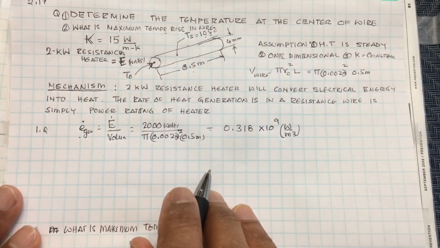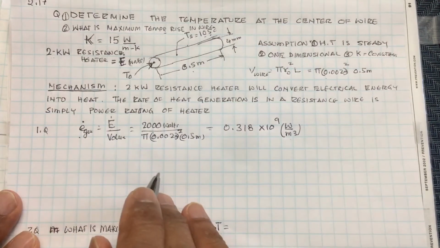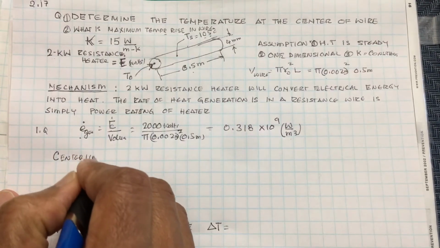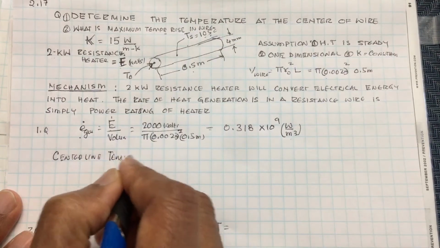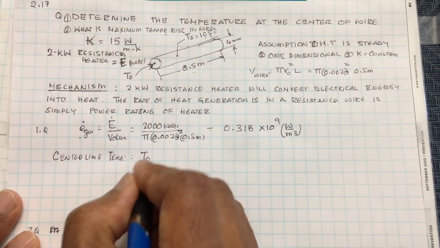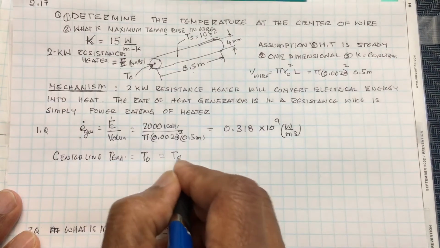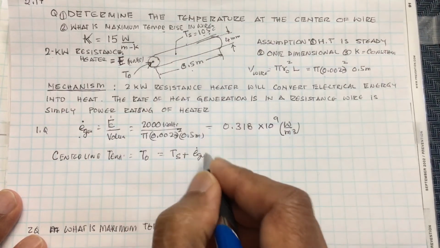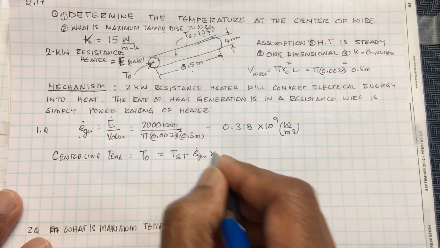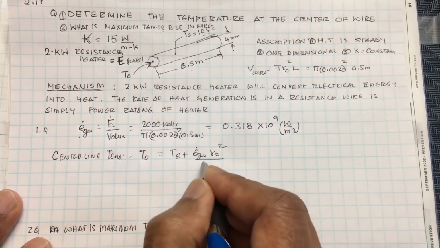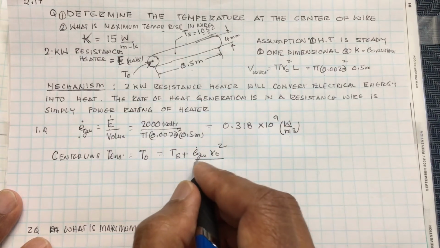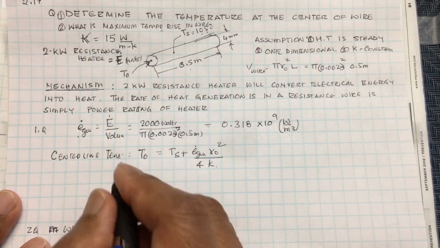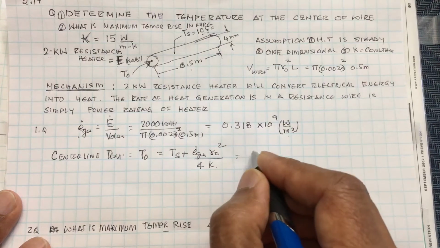So we have that. Now, what is the formula for the center line temperature? The formula for the center line temperature, that's what we want to know, is T0, that is center line, equals T surface plus heat generated per unit volume times radius square divided by 4K, 4 times thermal conductivity of the heater wire. So we know pretty much all this information here.